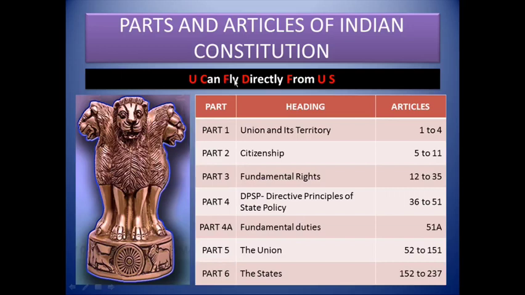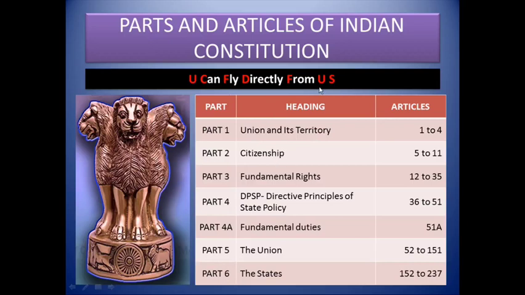Do not confuse these two Fs. First F is for rights. Second F is for duties. Another one is Part 5, U. This U and this U are different. First U is Union and its territory.